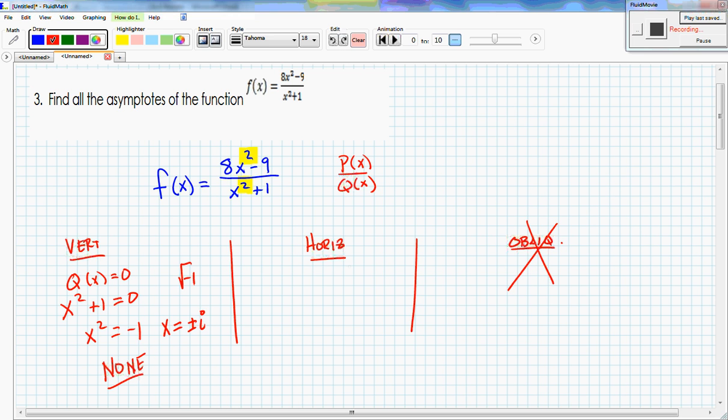So how do I get the horizontal asymptote? Since they are equal in degree, I take the quotient of the coefficients, and I get y is equal to 8 divided by 1, or just y equals 8, which is the horizontal asymptote. So I've got vertical, none, 1 horizontal at y equals 8, no oblique.